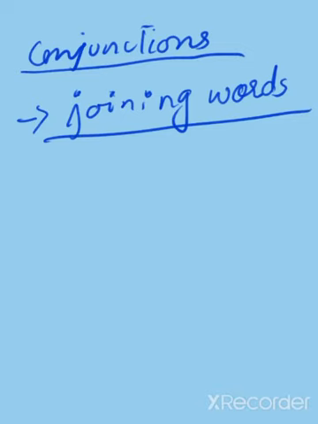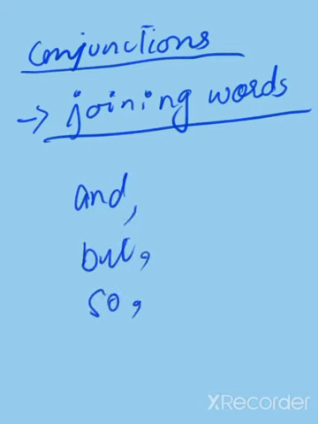When there are sentences which are not simple, they are complicated or complex sentences, we join certain sentences with the help of conjunctions. These are and, but, so, and if. These words are conjunctions.